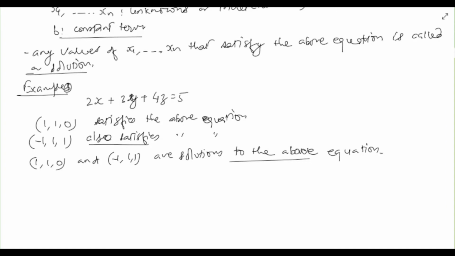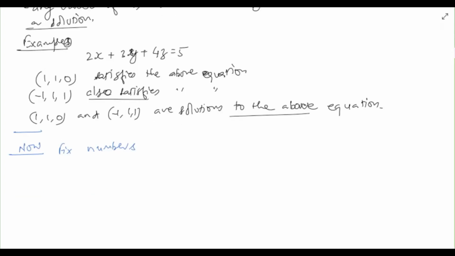Now let us extend these observations to more than one equation. So now we will fix numbers aij, where i is ranging from 1 to m and j is ranging from 1 to n.